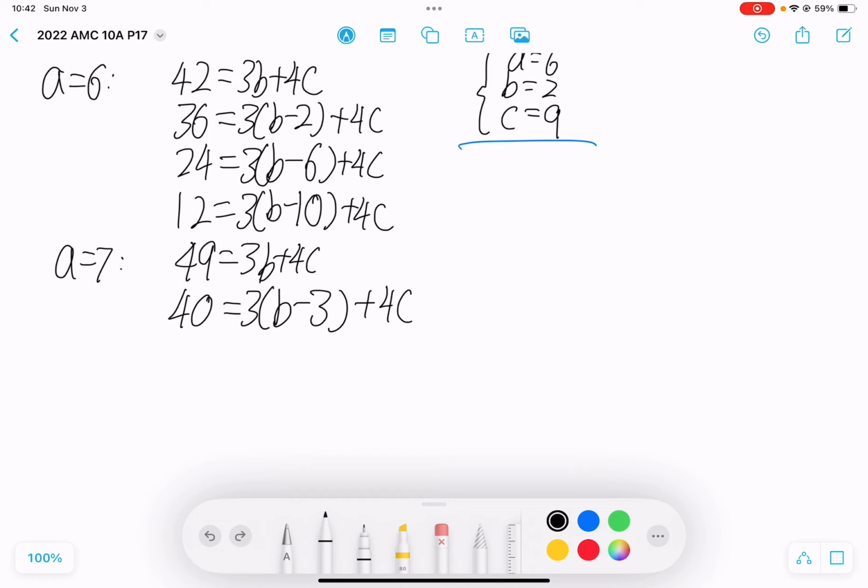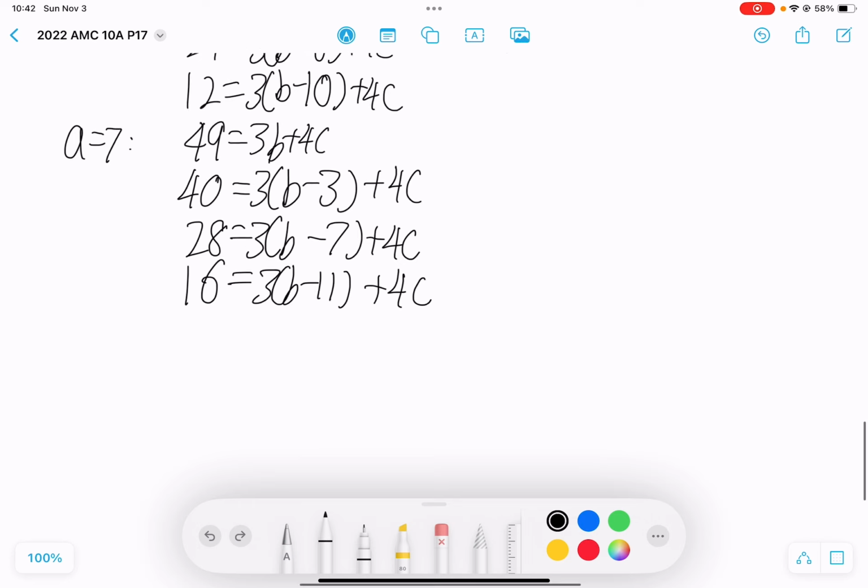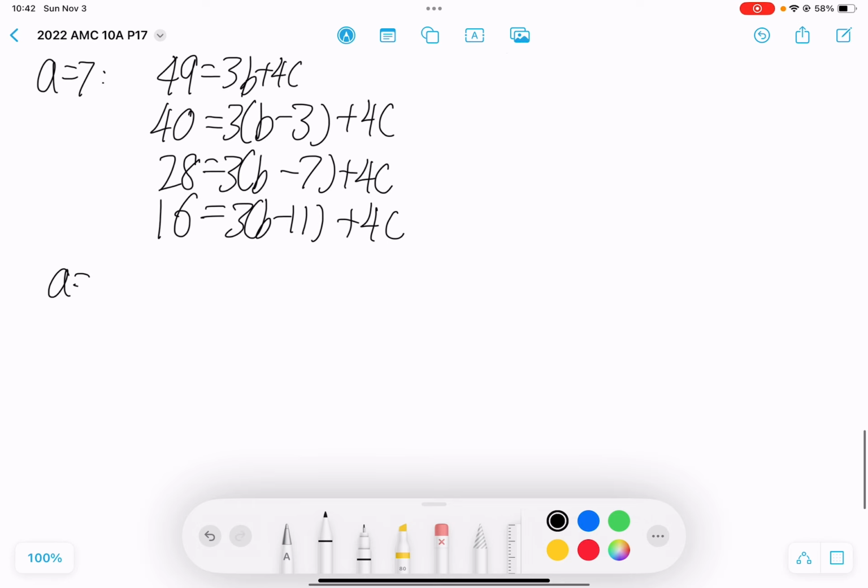But c can't be 10, c is a unit digit, so let's move on. Now 40 minus 12 is 28. Let's check that out. Well, that doesn't work either because in this case this is just 7, which is our original solution. Now we subtract by another 12. We have 28 minus 12 is 16, but b can't be 11, so this doesn't work, and any other values don't work. So let's try a equals 8.